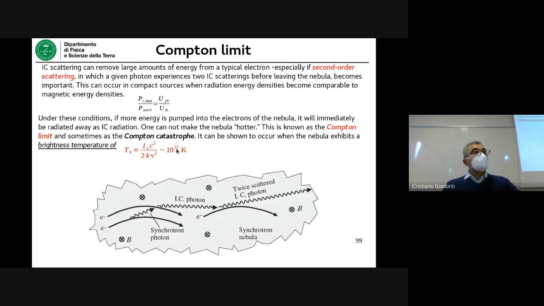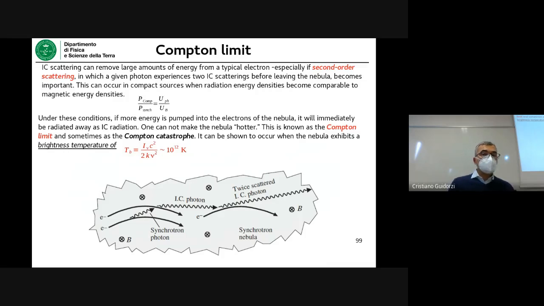it cannot be larger than 10 to 12. Whenever this is the case, there are sources whose brightness temperature is indeed above. It means that there is something that you didn't consider in this case. We will see that essentially there are two possibilities.